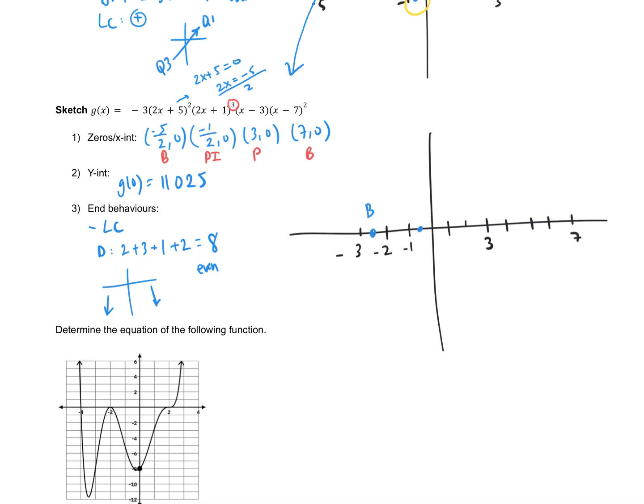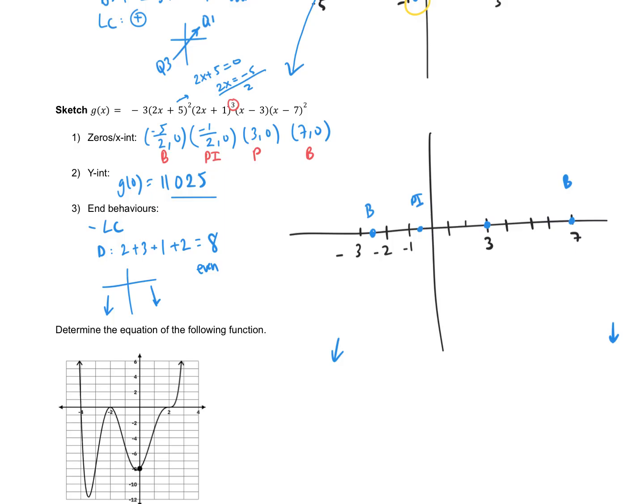Negative a half, so negative 0.5, is a point of inflection. 3 is a pass, and 7 is a bounce. And my end behavior should go something like this. I'm just going to put a note. I'll erase them later because they're probably a little bit off. My y-intercept is somewhere very high here, and I'll label that in after I do my sketch.